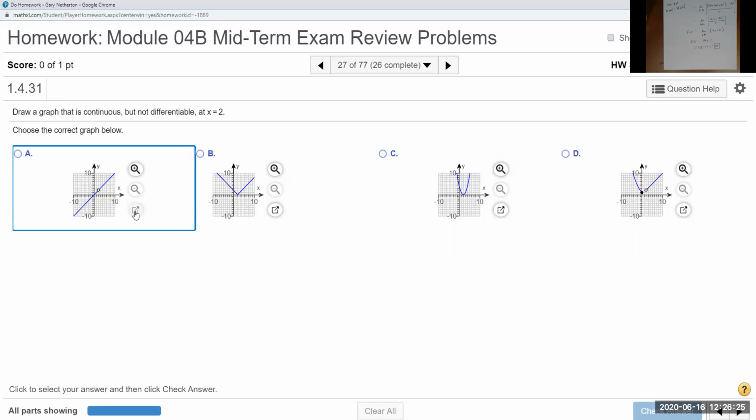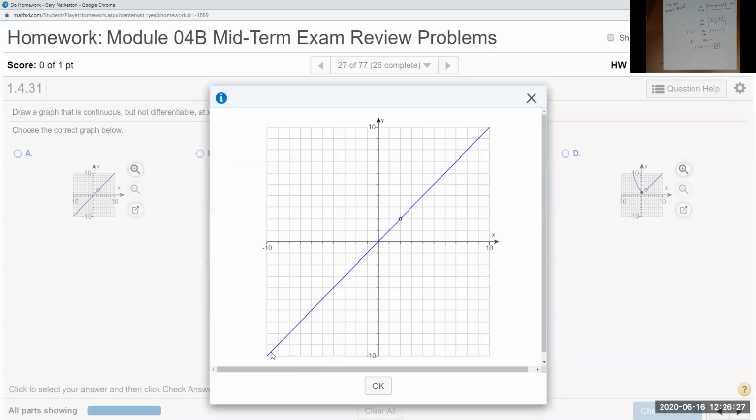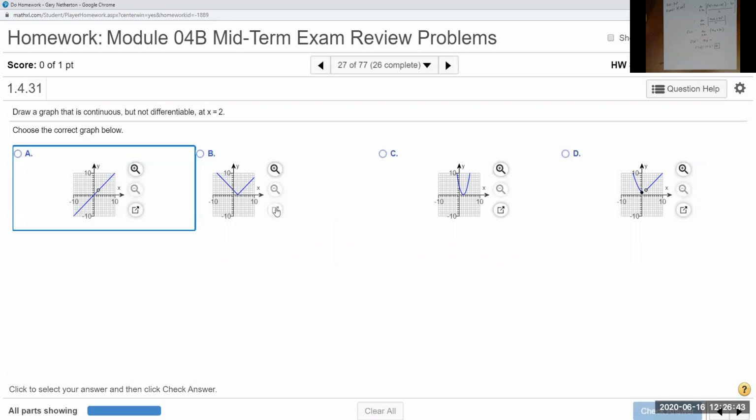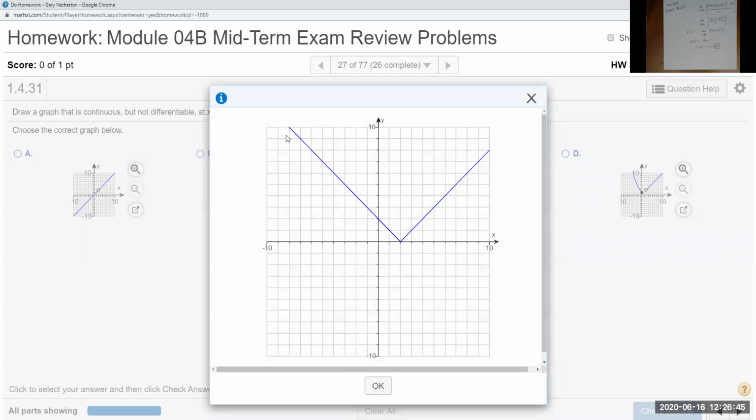So if I look at A, first of all, it's not continuous because there's a gap here. So this problem, two things have to be true. It has to be continuous, but then not differentiable. This one's not continuous. How about this one? Is it continuous?